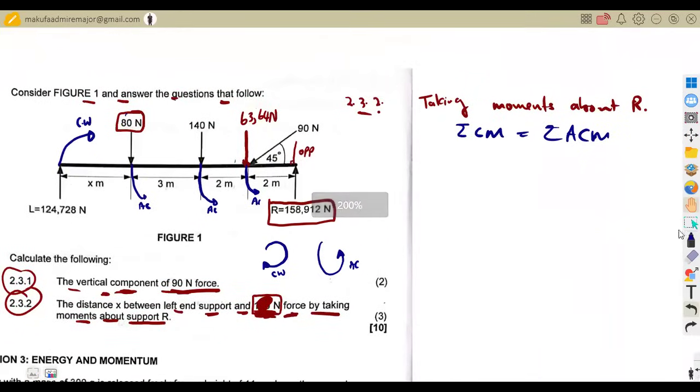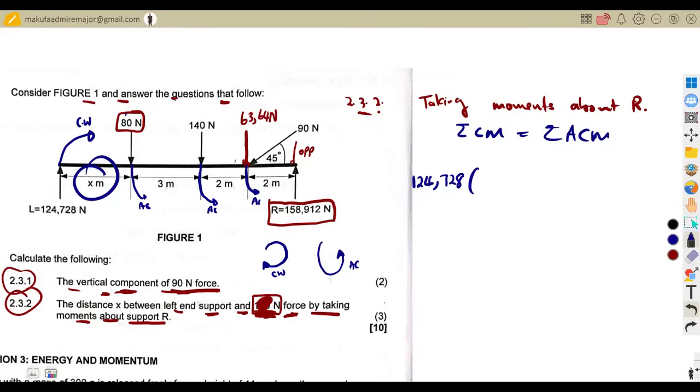So we saw that the clockwise moment is just going to be only one, which is L back to R. That is the force of L, which we are given: 124.728 times the distance. Remember, it's force times distance. If we check the distance, X is involved, so it's best to open a bracket.